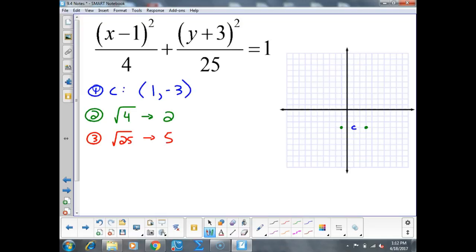So what does that mean? 5 up, 5 down. Up 5, down 5. Step 4. Step 5.